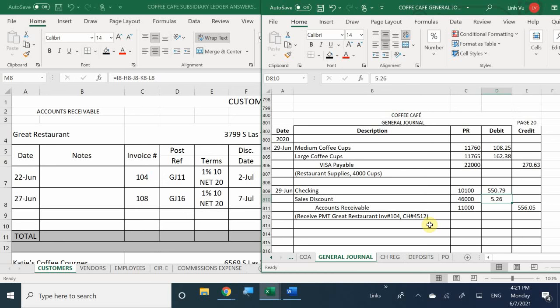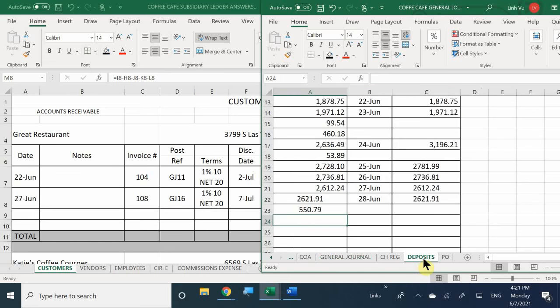All right. From here we're moving on to our ledger. Hold on, sorry. Okay, so you deposited the check, right, for the 55079.